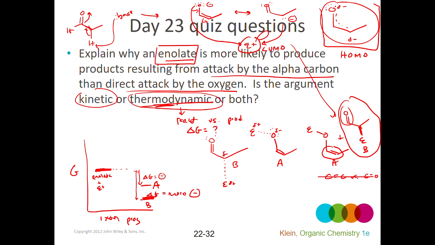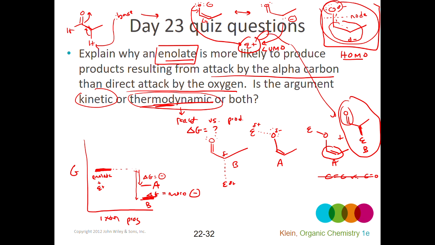So I don't have a picture of it. I probably should have included one, but if you look at the shape of the molecular orbital on the enolate, there's actually a node here. And there's some electron density in that orbital around the oxygen, but there's a lot more around the carbon in that particular highest energy occupied molecular orbital.